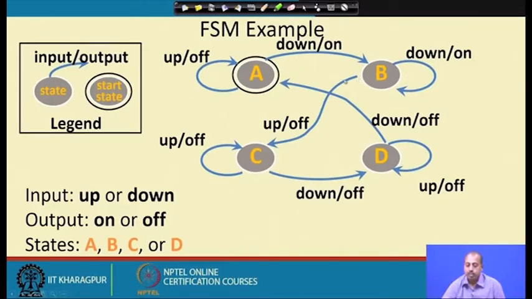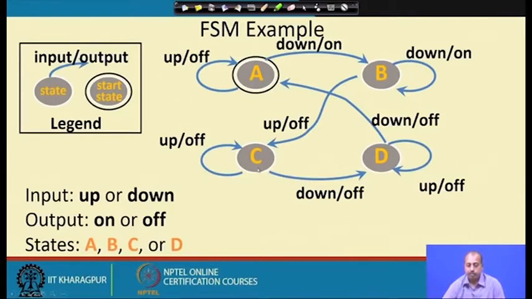Then if the switch is now put into the up position, it comes to state C and puts the light off, and as long as you keep the switch in the up position, it will remain in the off state.